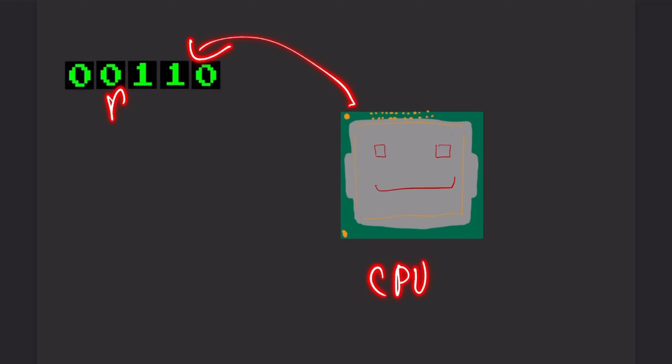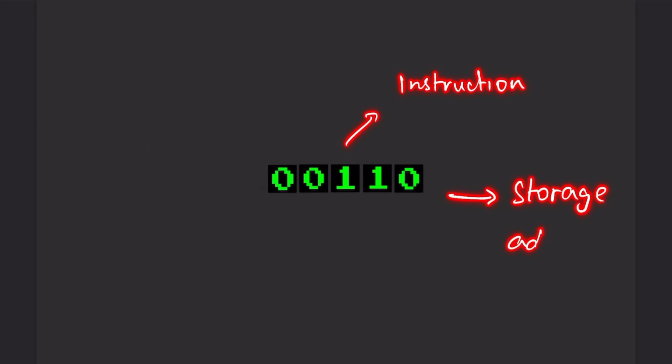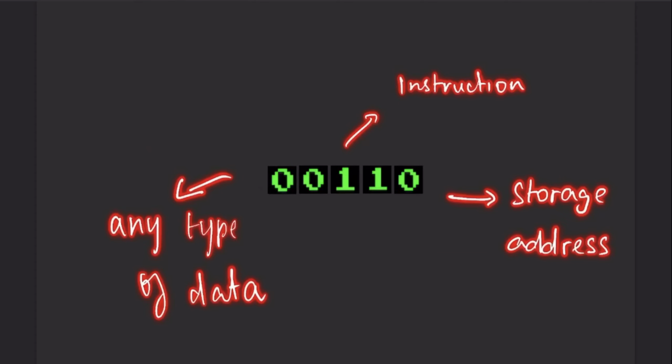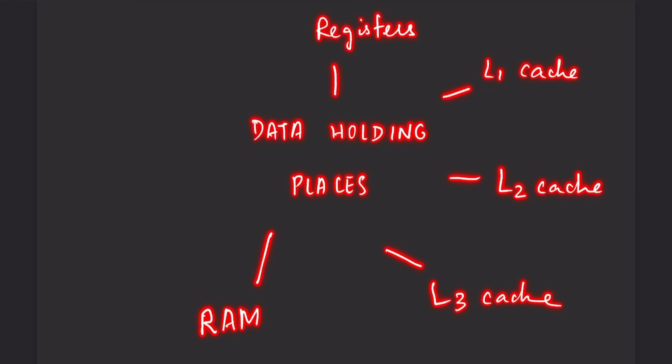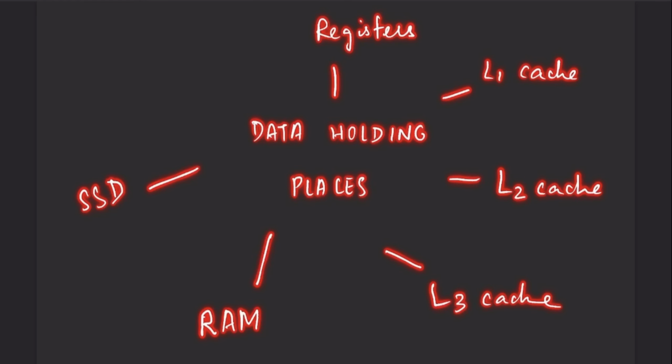In short, a processor register is a quickly accessible location available to a computer's processors. A register can hold an instruction, a storage address, and any type of data like a bit sequence or individual character. Processor register is one among many data holding places such as L1 cache, L2 cache, L3 cache, RAM, SSD. These registers are part of the computer processor.